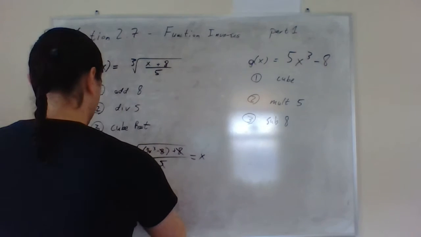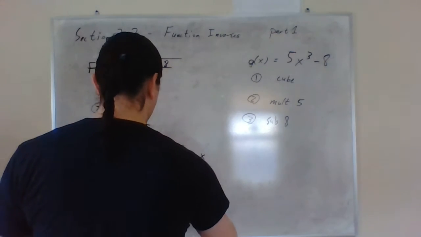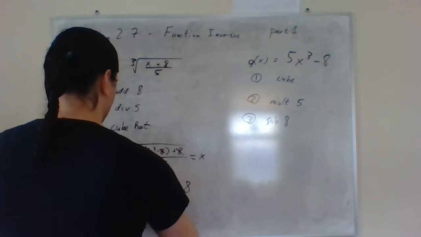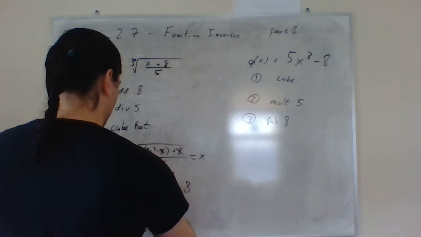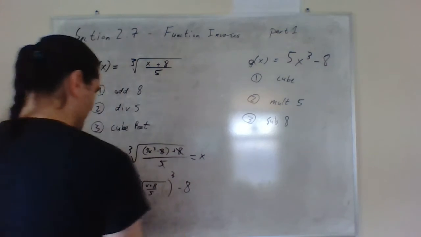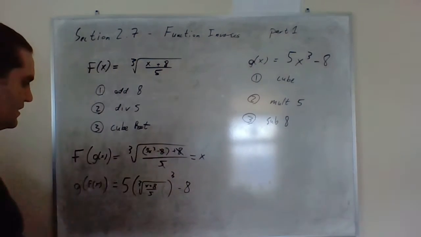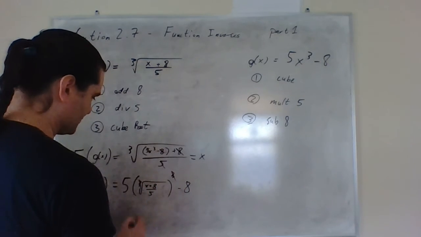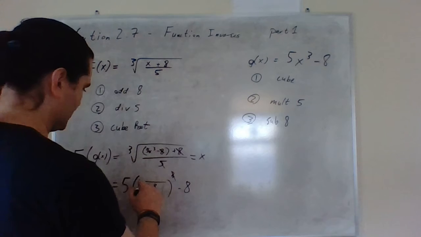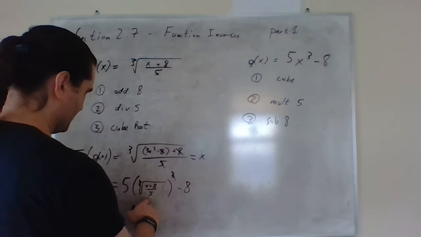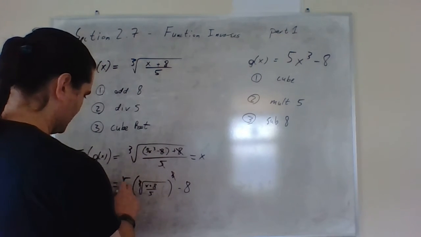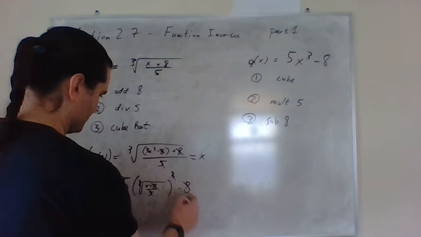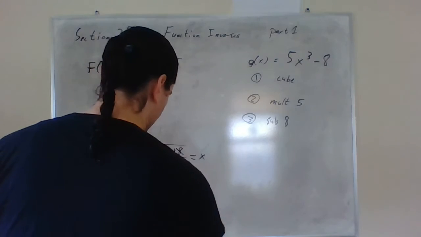It's going to be 5 times something cubed minus 8. And the something is the cube root of x plus 8 over 5. So parentheses first. The cube of the cube root cancels. And then we have x plus 8 over 5 times 5. Multiplication comes next. And then we have x plus 8 minus 8. That's just x.